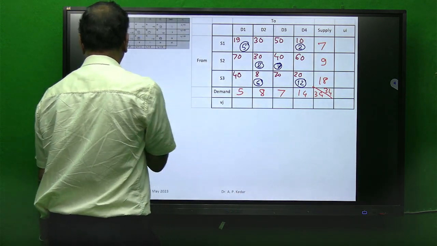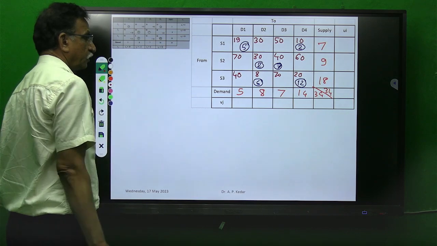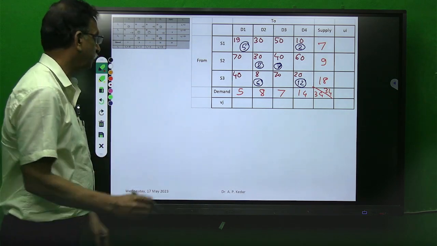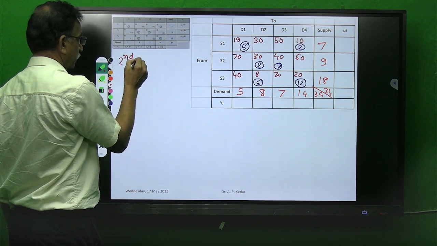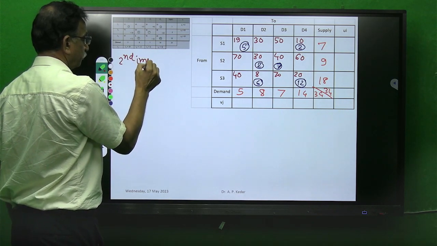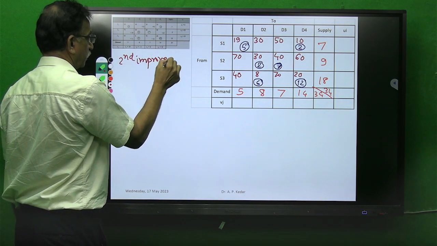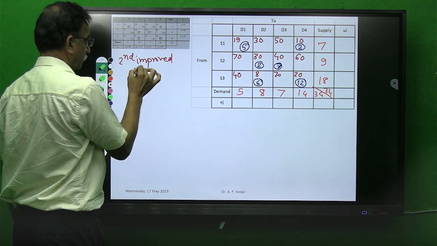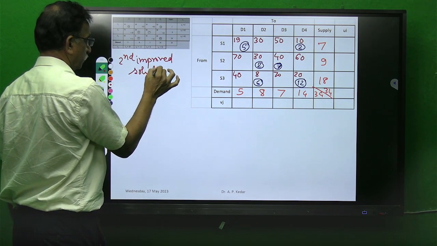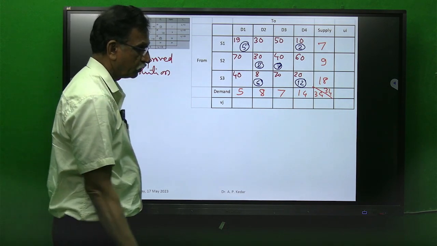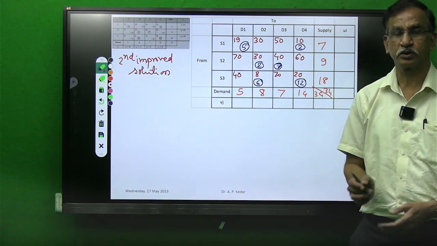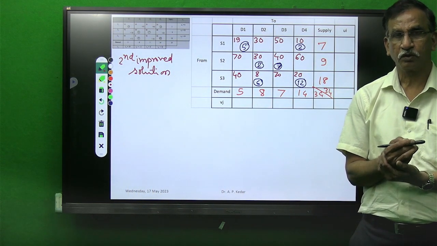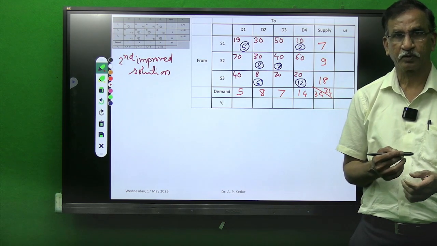So students, now this is the second improved solution. Why I am saying second? Because the first initial solution we have calculated with the help of VAM.